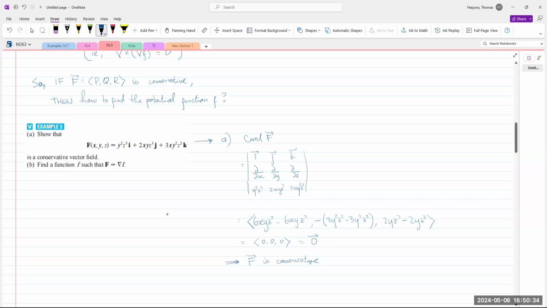Now, how do we find the potential function? Once we know that the vector field is conservative, we will try to find the potential function.